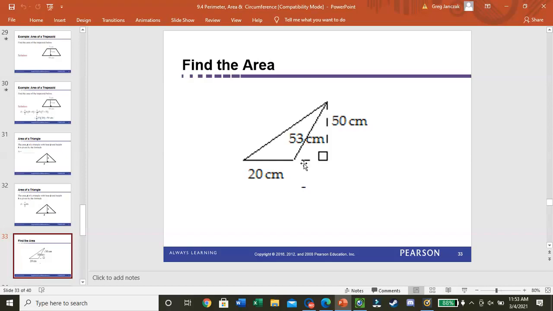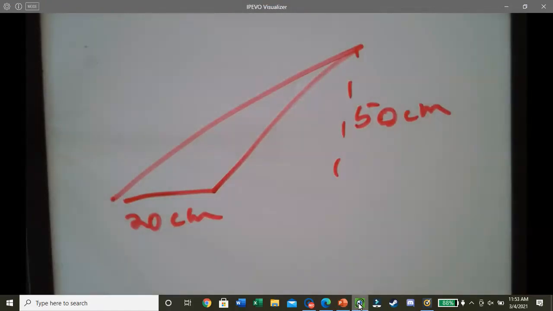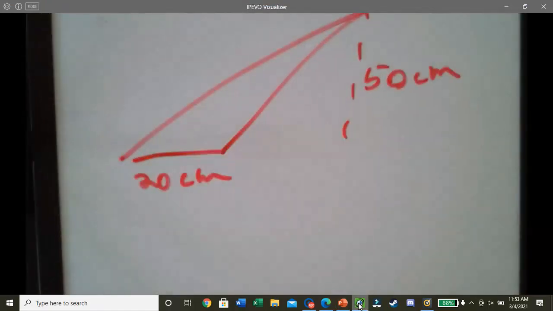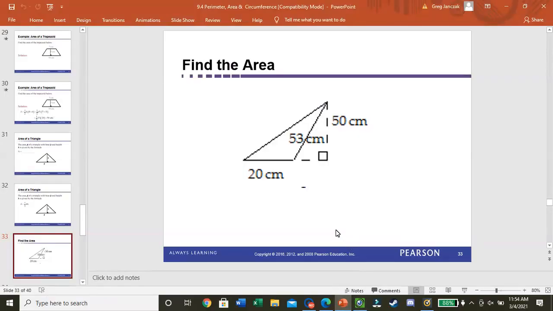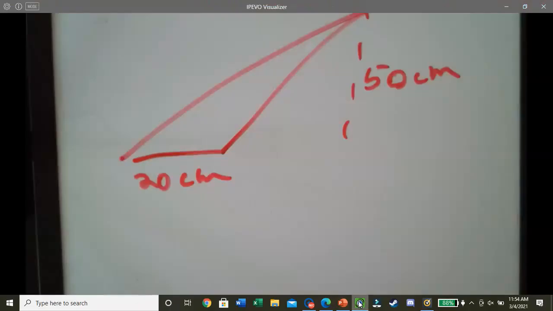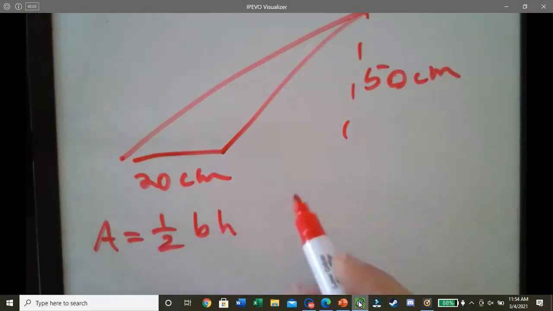Okay, so this is 50 centimeters, and this is 20 centimeters. Okay, so in our board here, it's still 1/2 base times the height, right? Area, 1/2 base times the height.